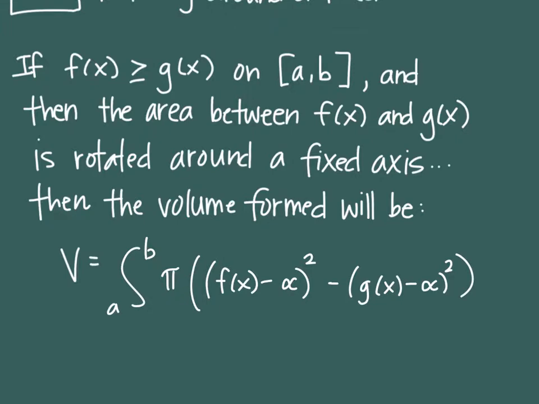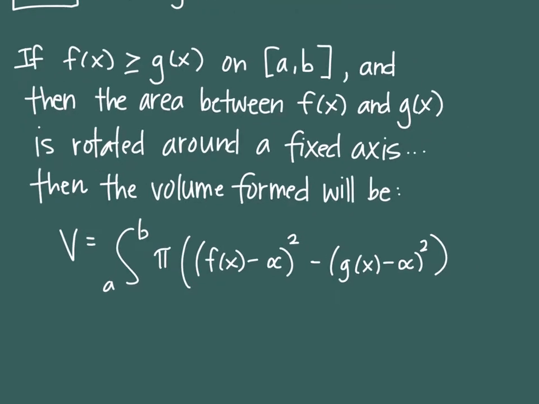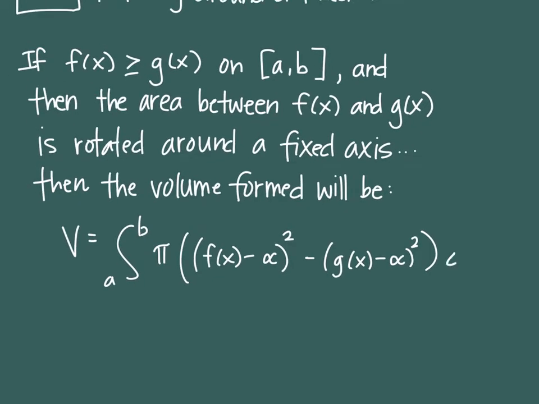So the pi is applied to both of those. And then you're going to have your differential on the end. It'll either be dx or it will be dy, depending on if your axis of rotation is vertical or horizontal. So if your axis of rotation is horizontal, like the x-axis, you would have dx. If your axis was vertical, like the y-axis, you would have dy.